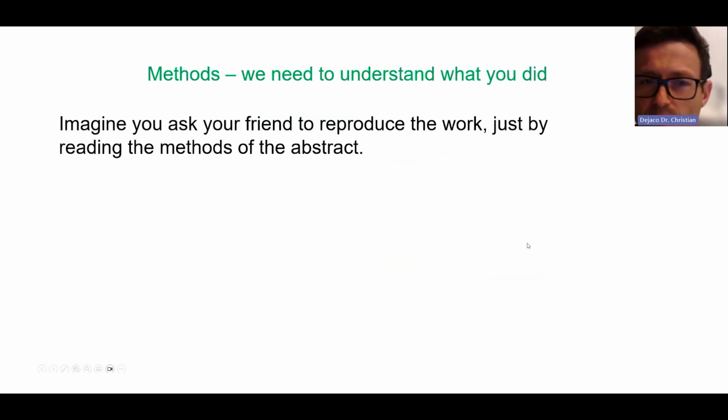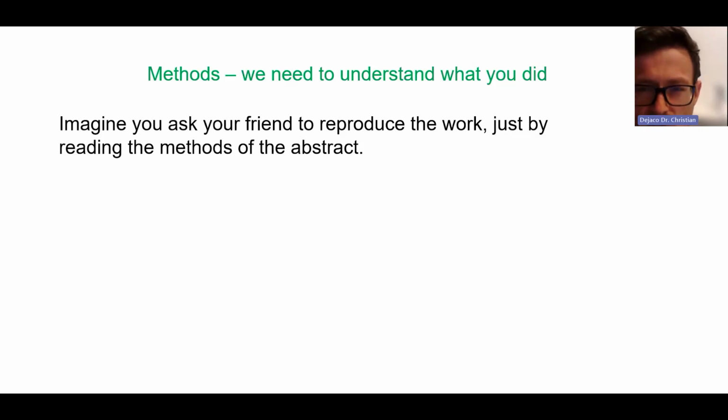Next one is the methodology. So actually here, it's also again the same, be precise and brief. And then imagine you just give your abstract to a friend of yours who is also doing some research, and then you ask him, now by reading these methods, would you be able to reproduce the work?